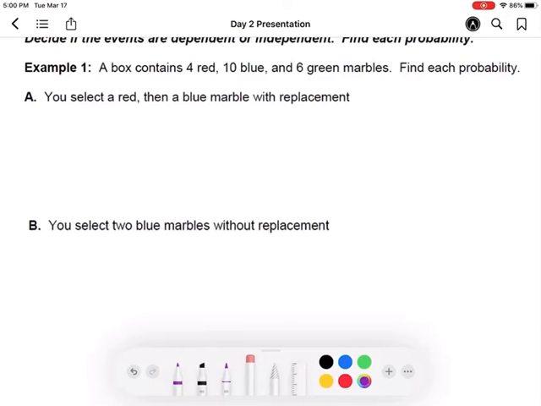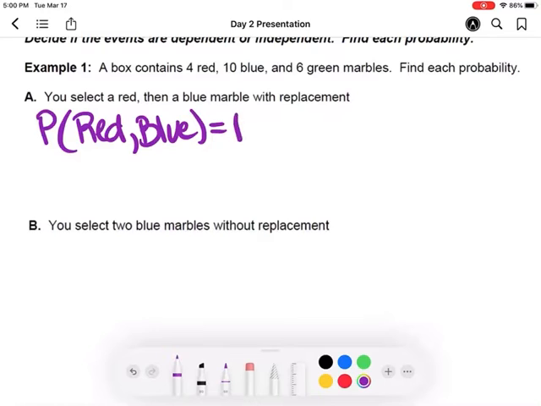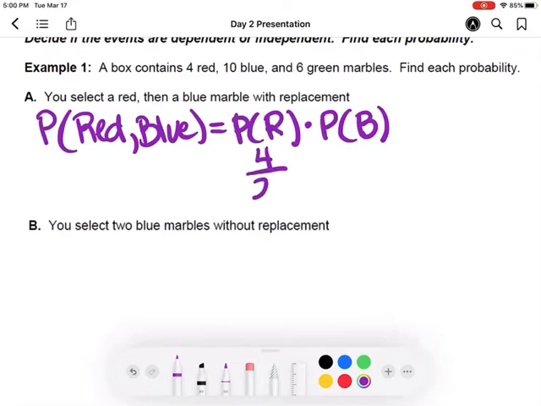So the probability of getting red, then blue, would be the probability of the first one being red times the probability of getting blue the next time. What are the chances I'll get red on my first? That would be 4 out of 20.